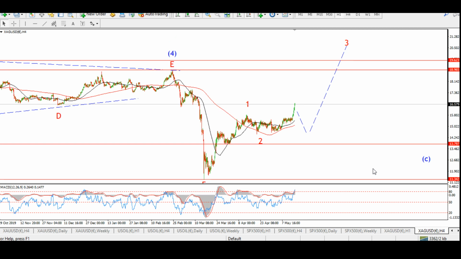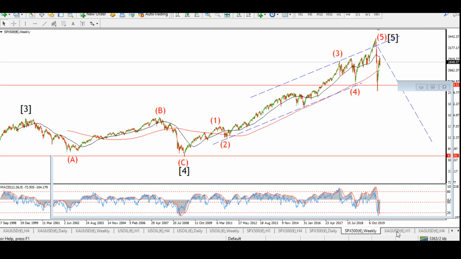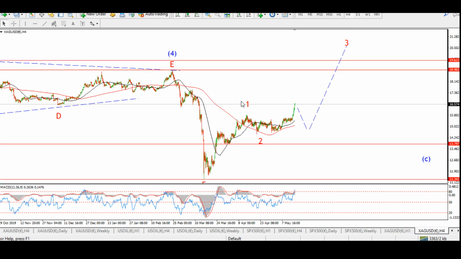Okay. Silver is blasting higher. We'll get into the hourly chart here. It looks like we're heading higher in a possible 5th wave of wave 1. Let me get to the 4-hour chart here. A 5th wave of wave 1 would allow for a 1-2 wave.